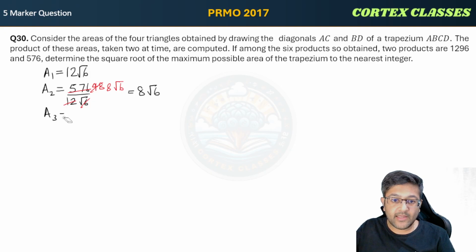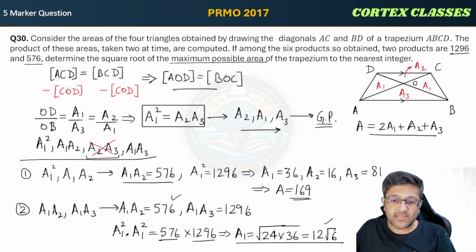And finally A3. A2, A1, A3. You can see the common ratio is like 3 by 2, right? 3 by 2 times हो रहा है. Okay. So otherwise आप यहाँ से भी कर सकते हो 1296 divided by 12 root 6. Oh, I'm sorry.